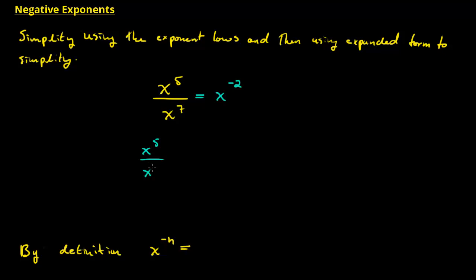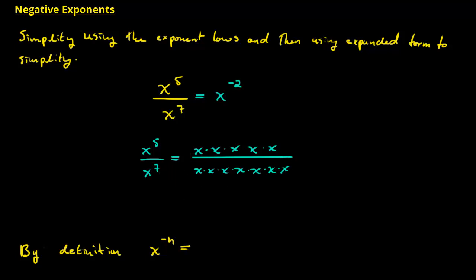over x to the power of 7. Well, in expanded form, this would be x times x times x times x times x, all divided by x times x times x times x times x times x times x.